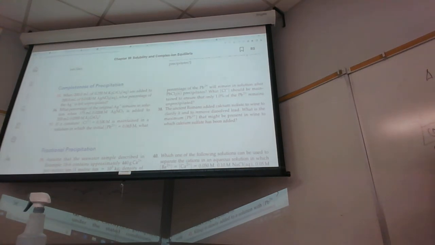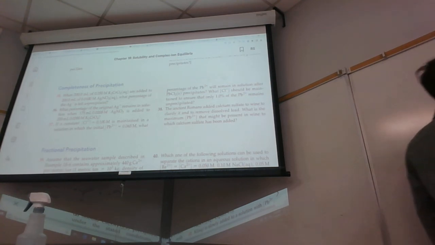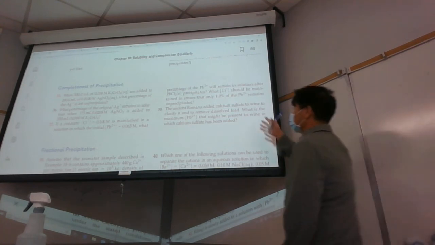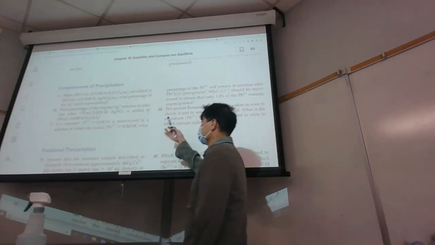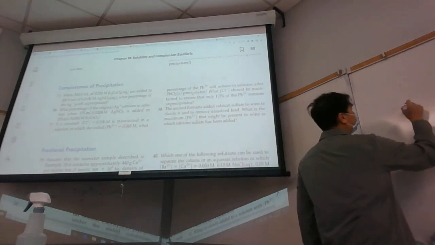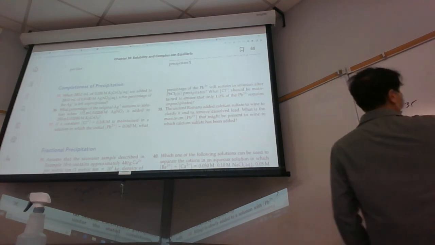There are different ways we can control how much reaction occurs. I'll probably cover this tomorrow morning too. But in this case, we set up the ice table a bit differently than the others. In these ones, we just set up the ice table as normal. Something like that. We're looking at the precipitation of silver chromate.